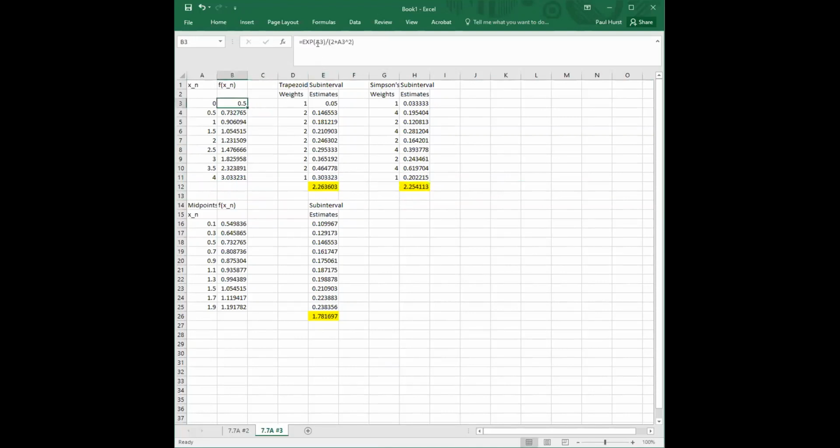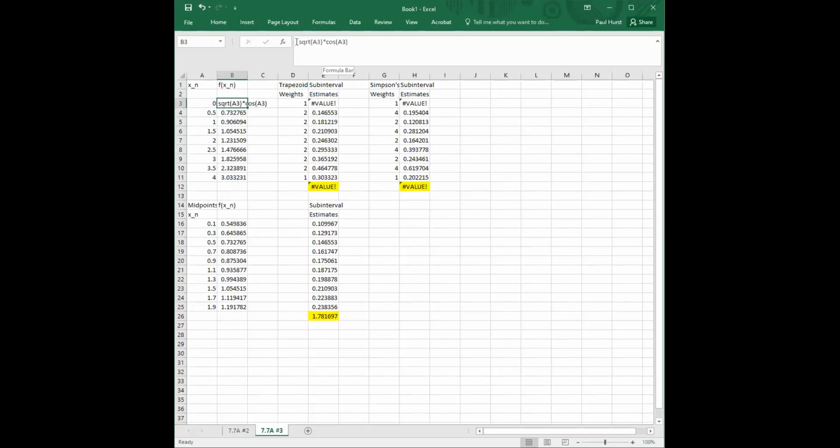The function is going to be, instead of this, the square root of x times cosine of x, so square root is sqrt. So the square root of A3 times cos of A3.